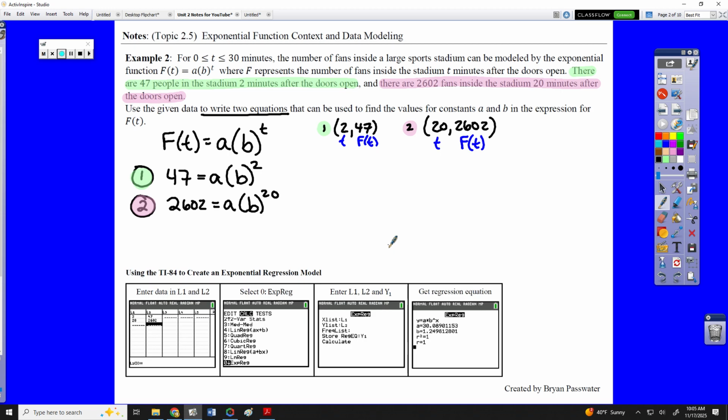So our model, which we know is going to match this model right there, would be f of t equals our a value from the calculator, which is 30.089, times our b value from the calculator, which would round to 1.250, to the t power. So there is our regression model from the TI-84, which we could use to answer additional questions if there were additional parts to run.